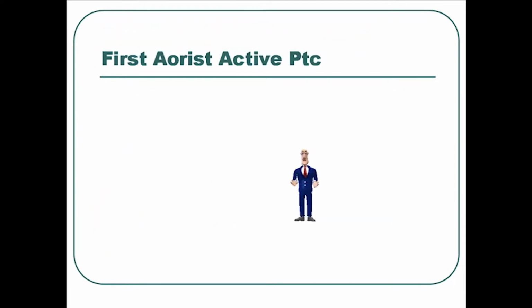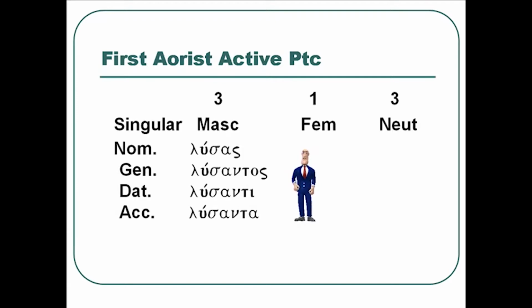Here is a paradigm of the first aorist active participle. In the masculine you have lusas for the nominative, lusantos, genitive singular, lusanti, dative singular, and lusanta, accusative singular. So it simply takes the sa with the third declension endings on it.